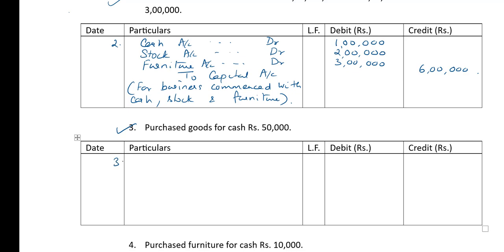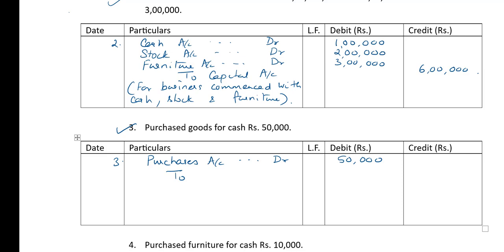Purchases is an expense. There's an increase in expense, therefore the purchases account has to be debited with 50,000 rupees. We need to credit cash. Cash is an asset, the other account involved.